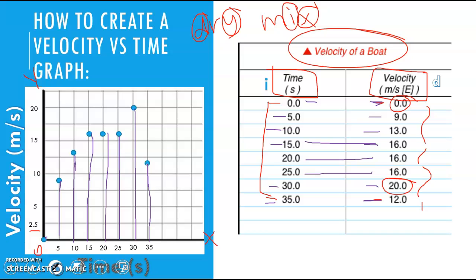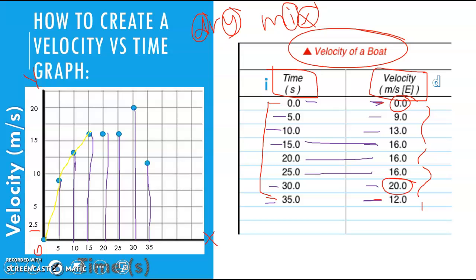All right, so now we have all of our data points plotted. You are more than welcome to connect the dots if that is what you wish to do. As you can see, at first the boat is increasing in speed. It's going from 0 to 9 to 13 to 16. So it increases in speed. You have that positive slope.